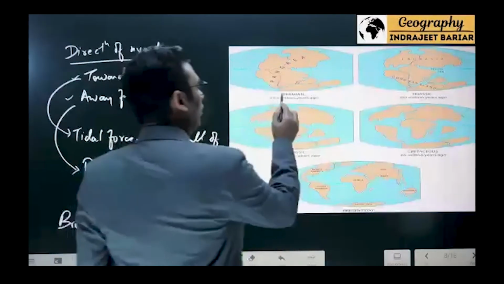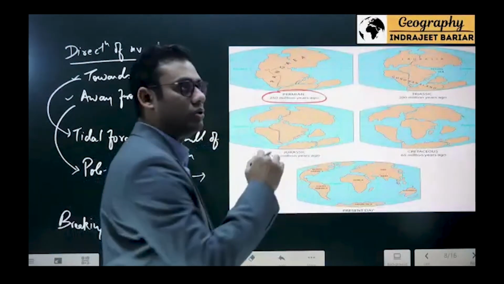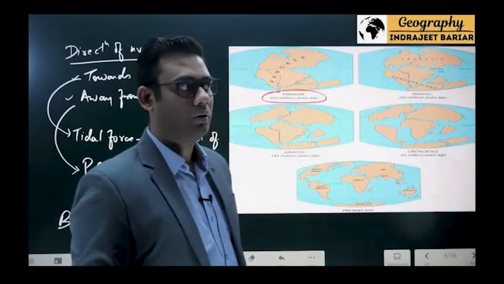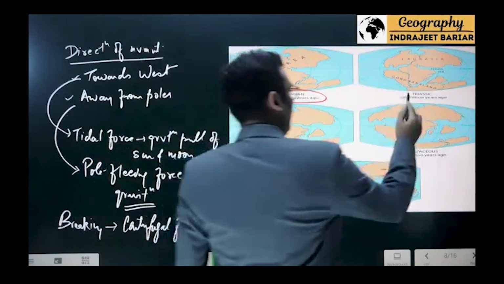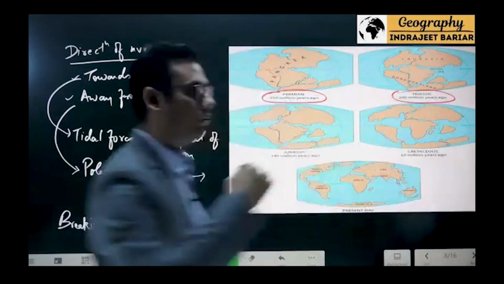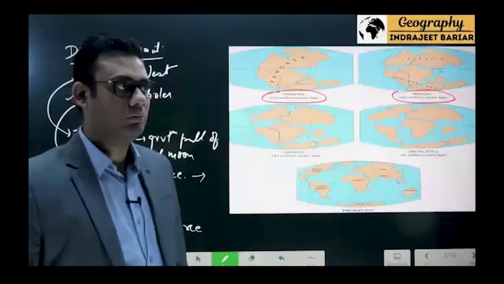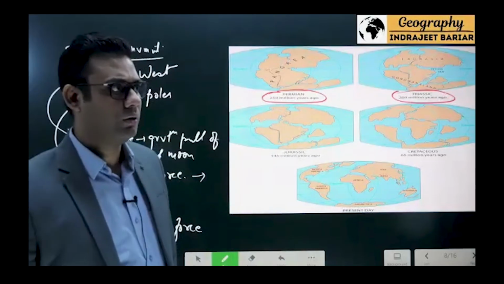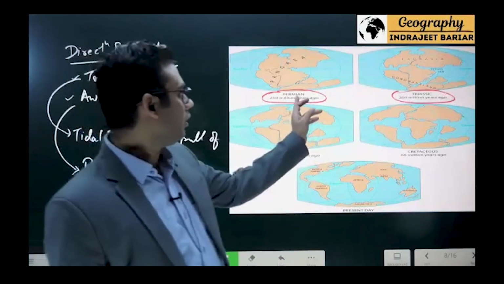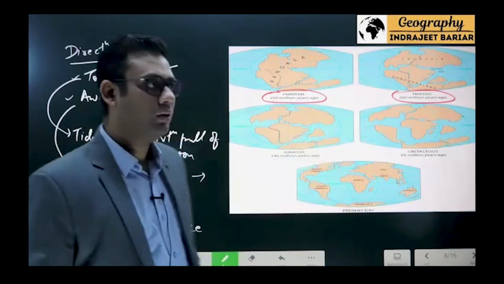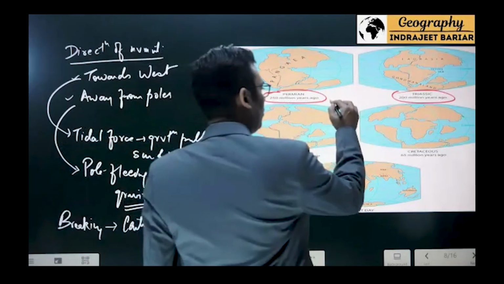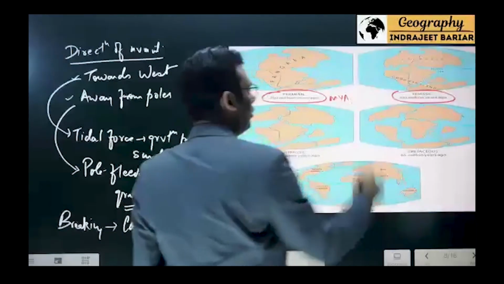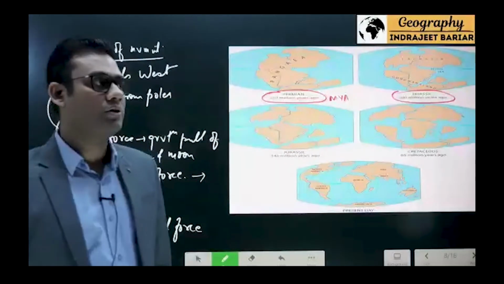Can see over here, 250 million years ago, this was when Pangea existed. Breaking of Pangea occurred around 200 million years ago. Under the question itself, you can just mention this. Existence of Pangea, 250 MYA. Million years ago, we write it like MYA. 250 million years ago, existence of Pangea.